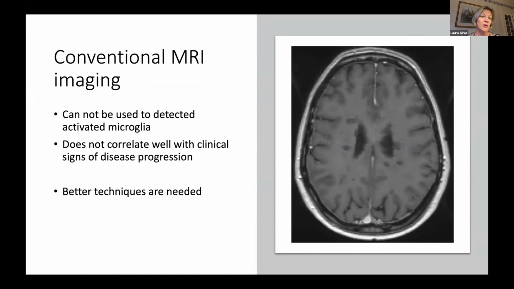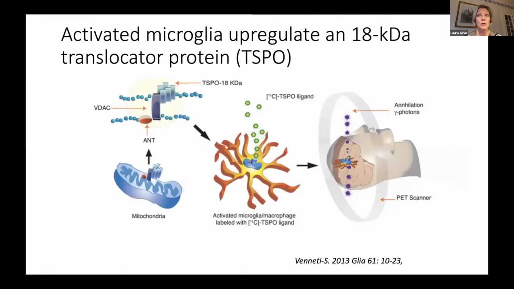And the MRI metrics don't correlate very well with clinical signs of disease progression, so better techniques are needed. So the activated microglial cells upregulate an 18 kilodalton translocator protein, or TSPO, and this is used as a target for PET imaging of neuroinflammation.